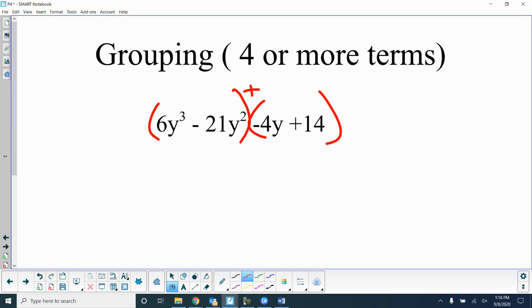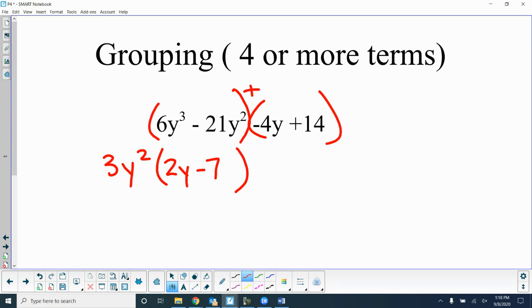So what's the GCF of the first group? What else? 3, good. 6y cubed divided by 3y squared is 2y. Negative 21y squared divided by 3y squared is negative 7.